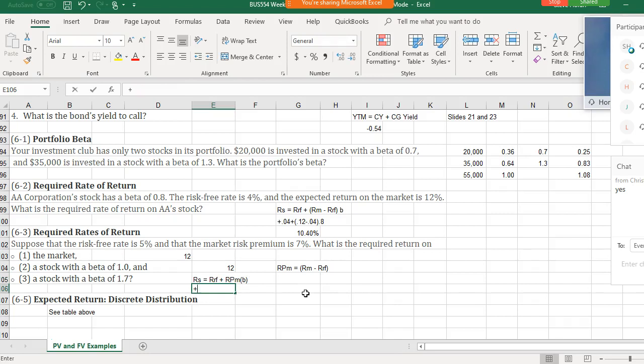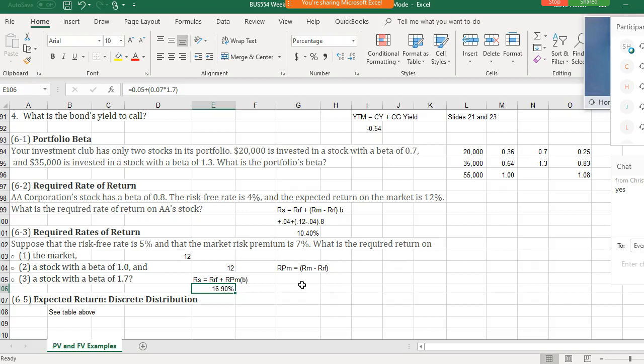So think of it this way: I want the risk-free rate of 5 plus the 7% market risk premium, 0.07, times the 1.7, and that will give me my answer. I get 16.9%. I got totally ahead of myself on that one, so 16.9% is the answer.